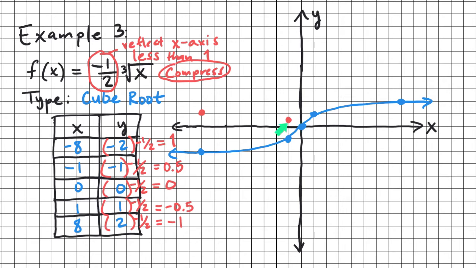Then 0, 0, that one doesn't change, so that point stays the same. The next one is 1 and negative 0.5. And then the last one on the table, 8 and negative 1, is over here. And so I'm going to connect these.